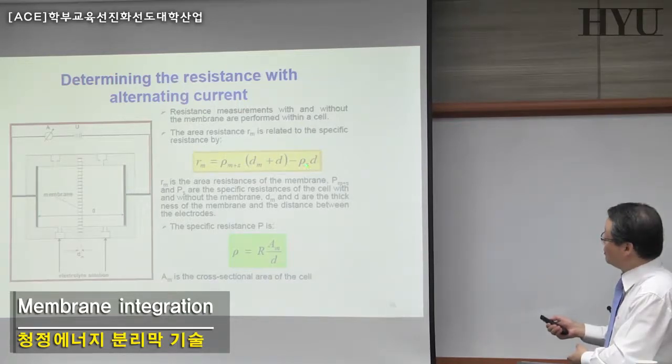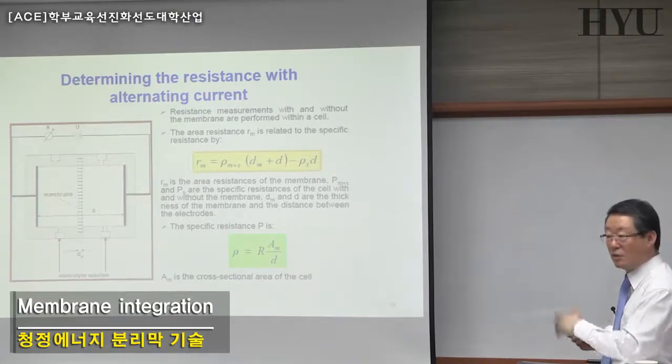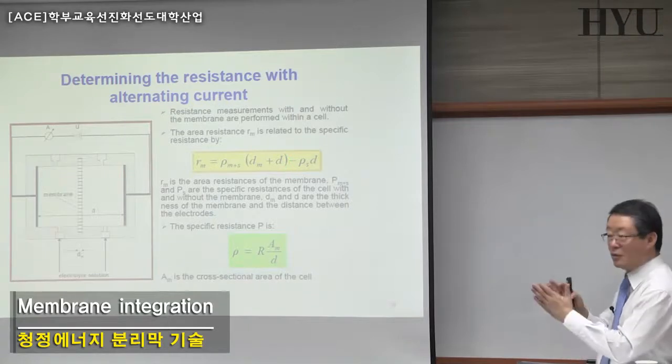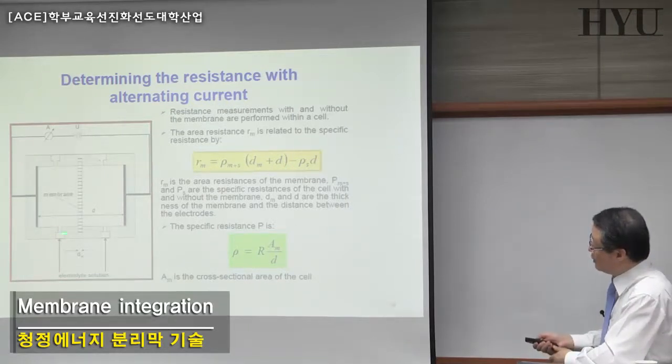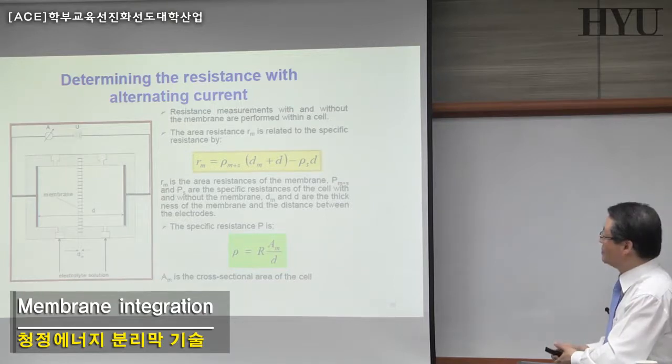So if you know the specific resistance, just like what we have done in our case using the direct current, we can measure this rho_s and rho_ms, which is the specific resistance. And by knowing the d, which is the thickness of the membrane and the cell, and the distance between the electrodes, then we will be able to calculate the area resistance, R_m, in this case.